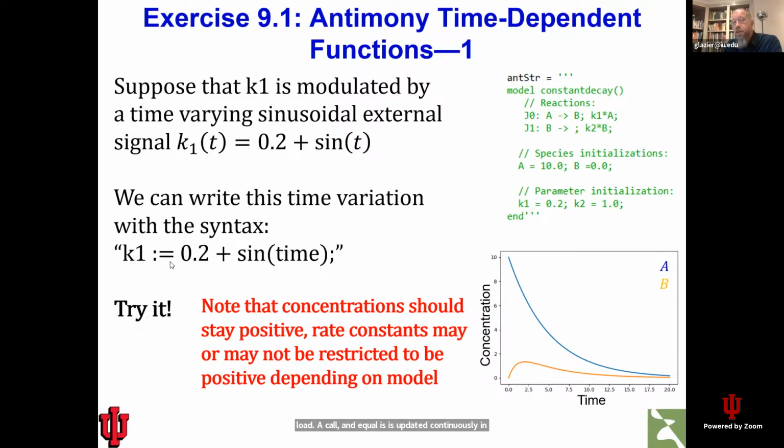So if I say K1 colon equals 0.2 plus sine of time, replace the K1 here by that, try that. And you should get something different when you run it. There you go. And now instead of typing colon equals, just type equals. What do you get?